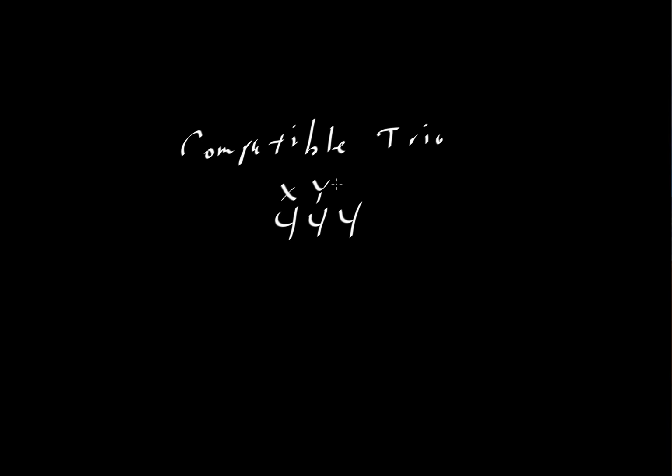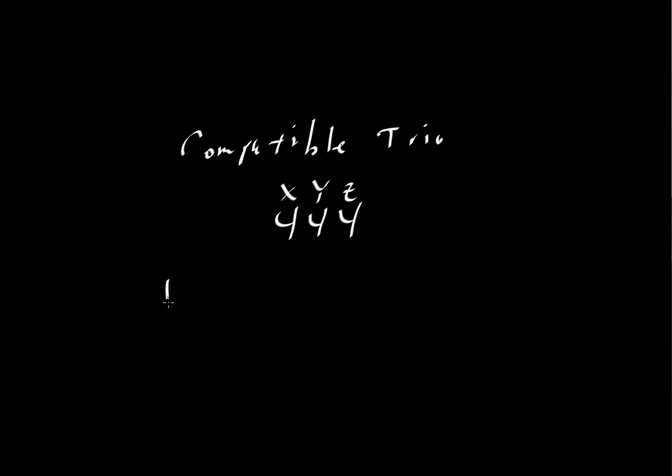So let's erase the chalkboard and take a couple of examples. Do we have a compatible trio in the case of 4, 4, 4? Well, this would be our x, y, and z. It doesn't matter what order we take them.